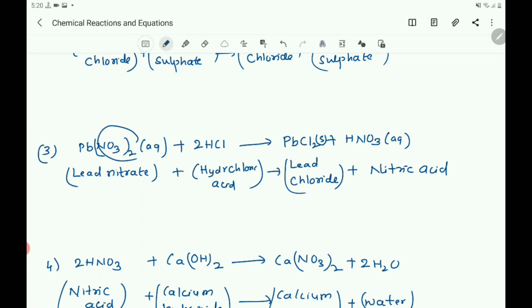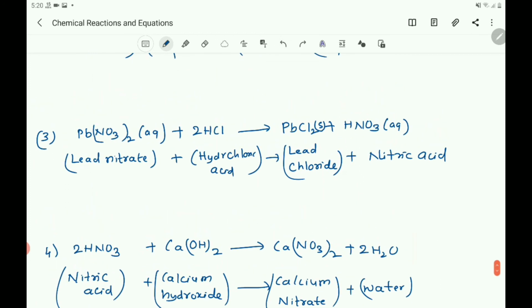NO3 ions exchange with Cl ions and Pb ions exchange with hydrogen ions. In this way, the products are PbCl2, lead chloride, and nitric acid. This is also an example of double decomposition or double displacement.